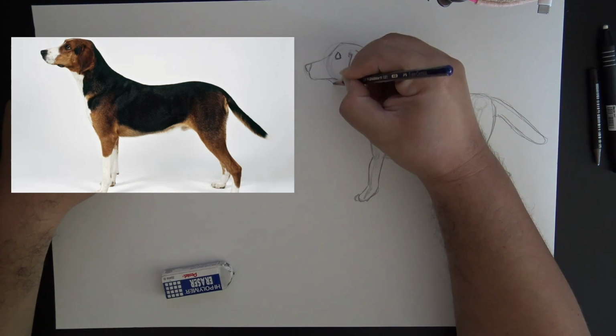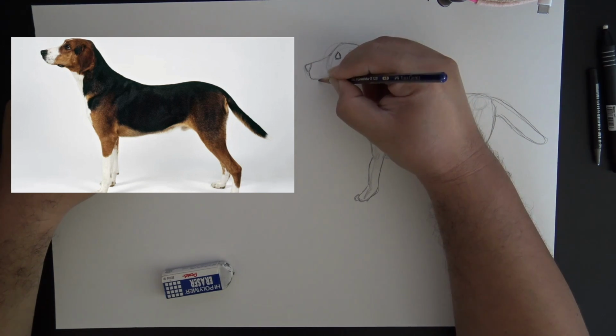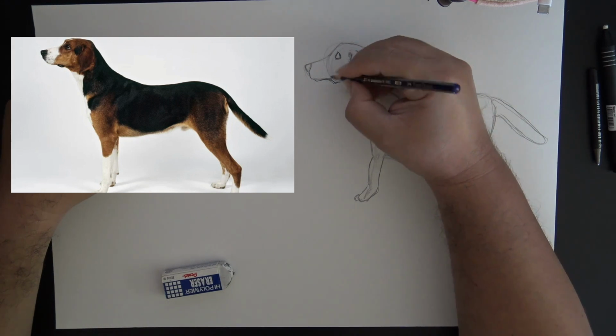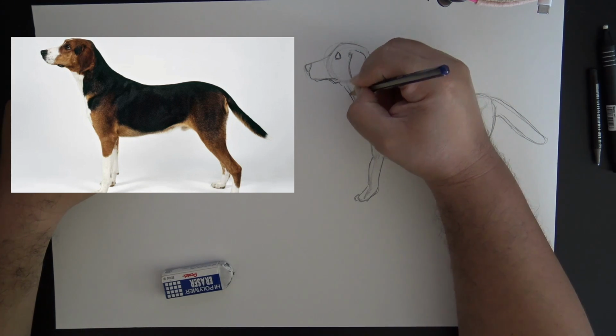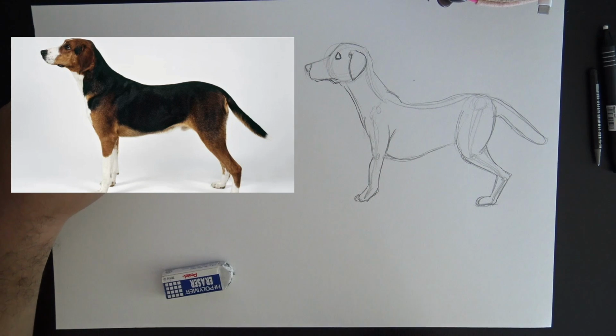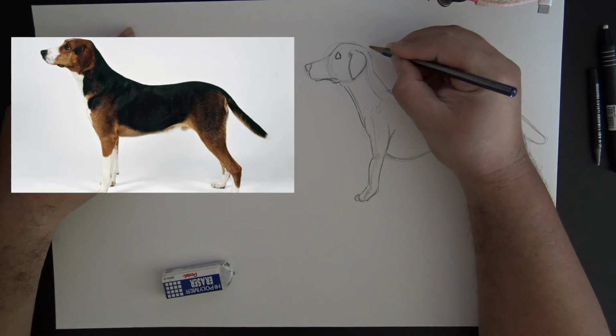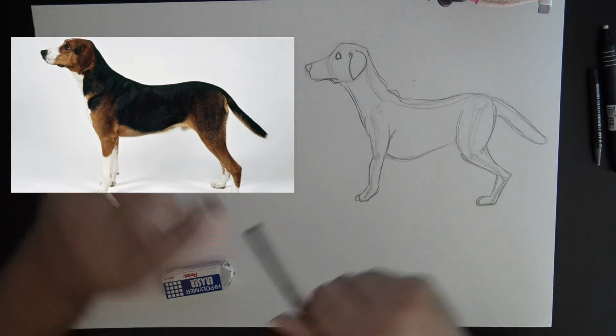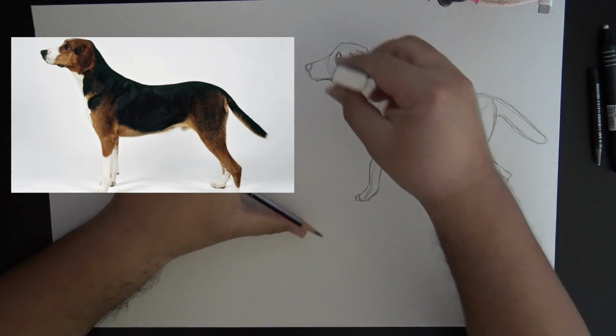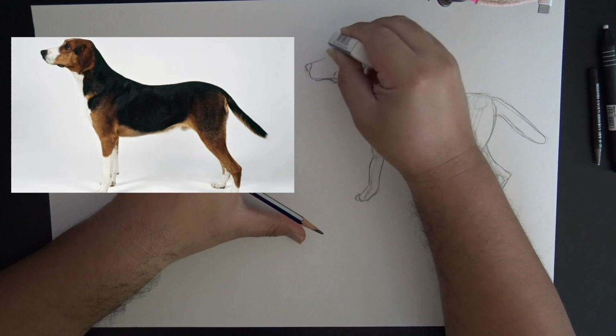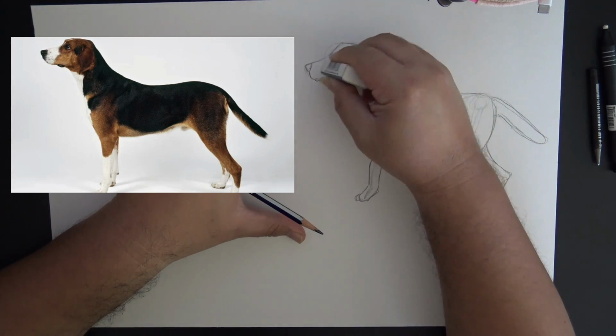Okay, the mouth has a little flap coming down for the lips, saggy neck. Okay, so from here, all we do is erase all those lines that we used to make our shape, to finish our form.